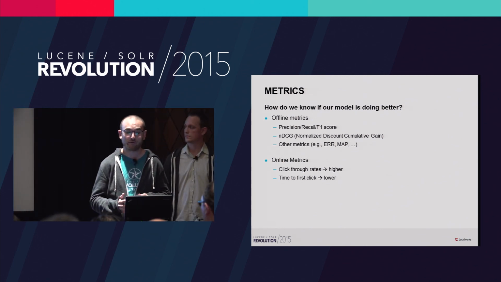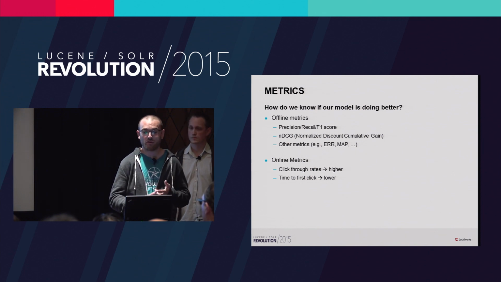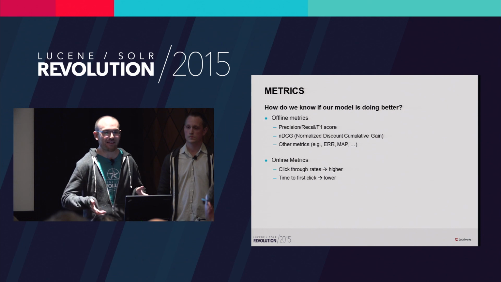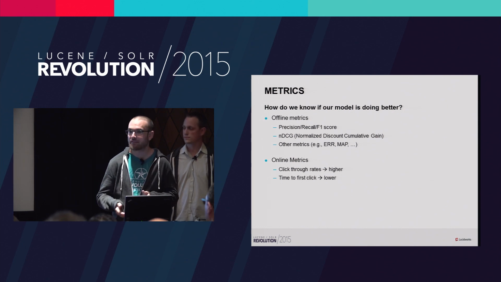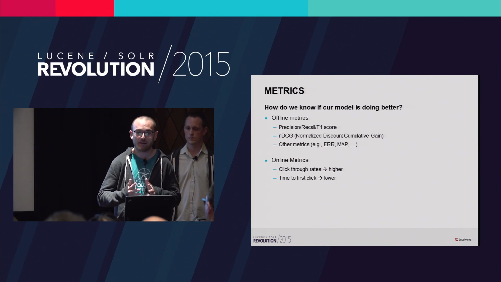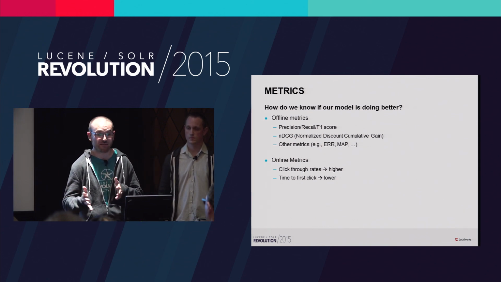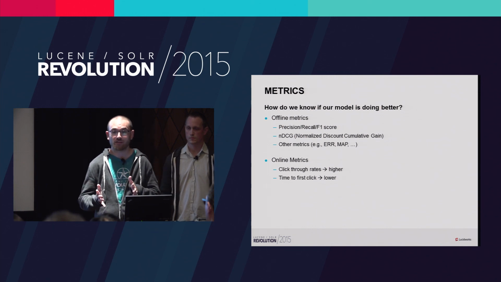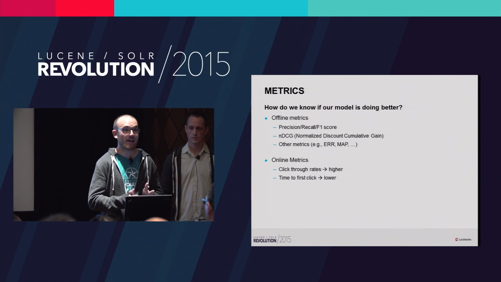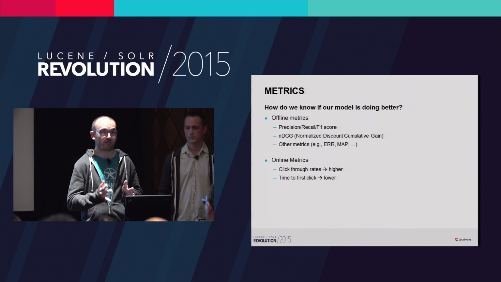Examples of offline metrics are precision, recall, and F-measure, which are really popular. Again, an example, precision. The precision is the number of relevant documents returned by your ranking function divided by the number of documents returned. So if your ranking function returned 10 documents and only 5 are relevant, your precision is 0.5.